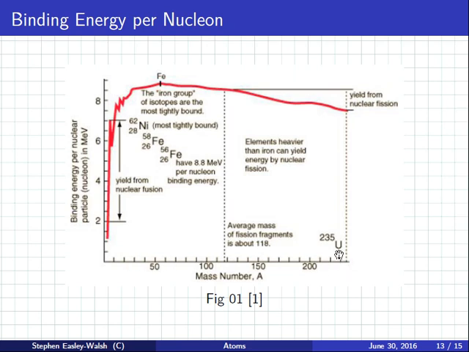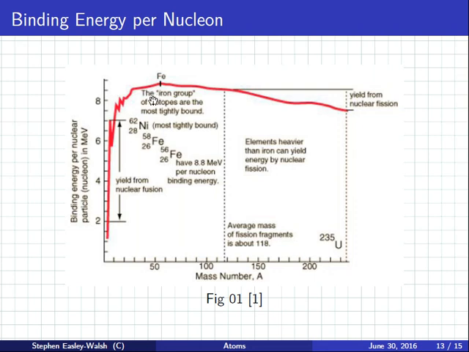So up here is uranium-235 nucleons. Down here is things like hydrogen and helium. And this graph is the binding energy in mega electron volts per nucleon. So as we move across the periodic table, we notice the atoms require more energy per nucleon to be bound together until we reach the top, which is iron.